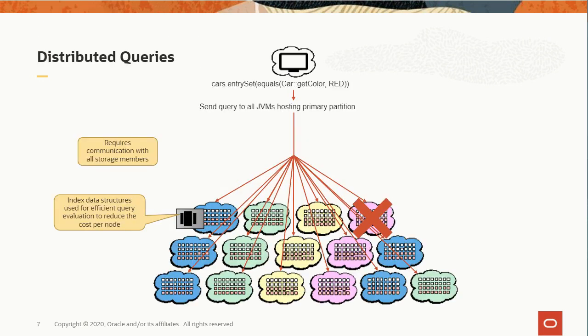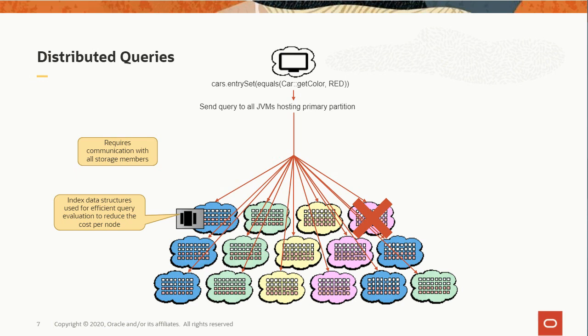And let me talk a little bit about our query functionality that I mentioned on the first slide. If you want to select data by something other than the key, we support that with a query subsystem, and we distribute the queries across the cluster. So in this diagram, the cloud or popcorn-shaped icons represent JVMs.